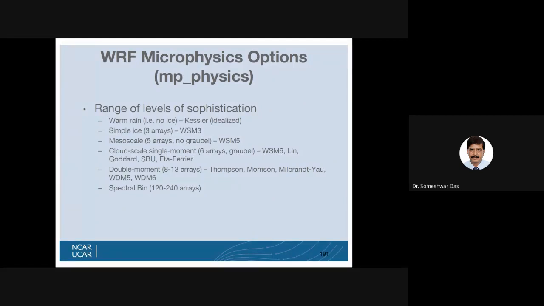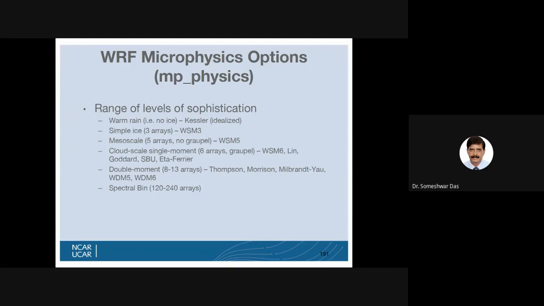When we say cloud species or hydrometeors, normally we mean that we are going to predict, or solve the prognostic equations for those cloud species, whether it's cloud water, rainwater, ice, snow, graupel, hail, etc. We calculate the mixing ratios of those parameters.